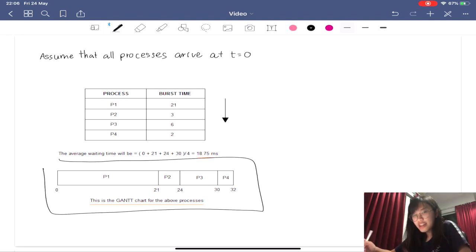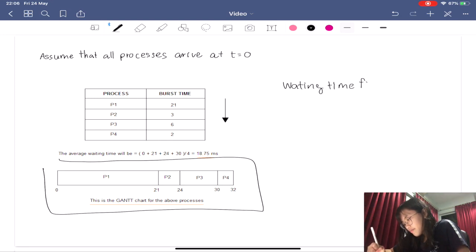And then to calculate the waiting time of each process, look at this step. The waiting time for each process can be calculated by this.